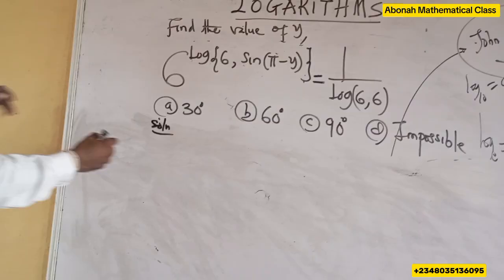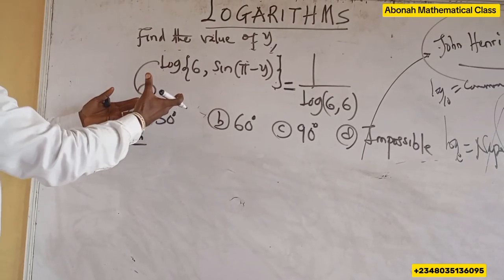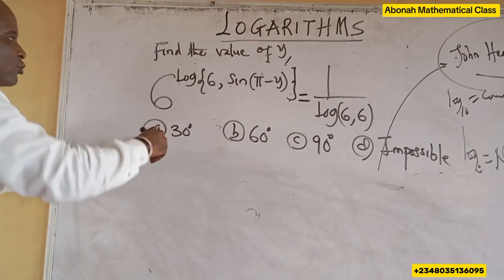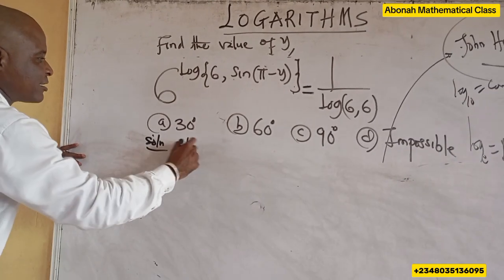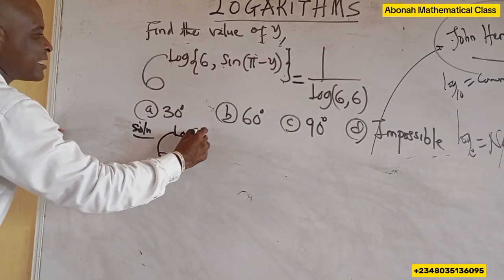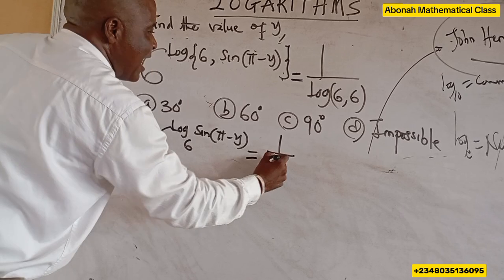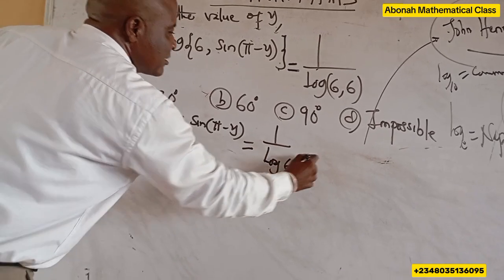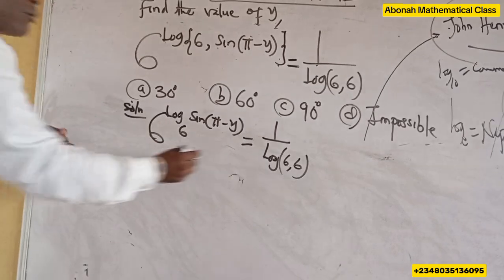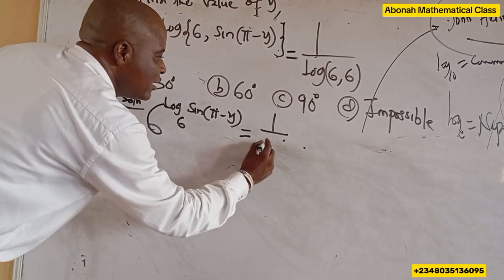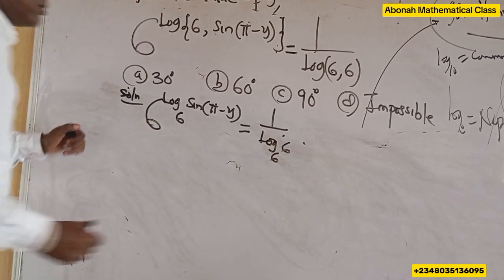Traditional notation. Now, I have to rewrite this logarithm in current notation before I can solve. 6 log in base 6 of sine pi minus y is equal to 1 over log in base 6.